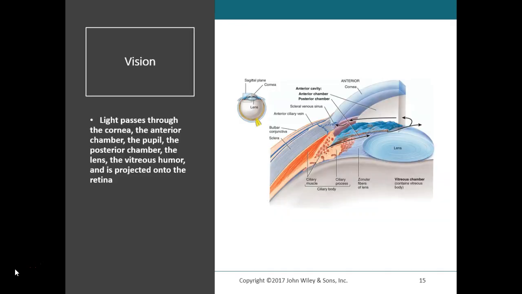As we start talking about vision and how light passes into the eye, we need to learn a few more structures. Here, of course, we have the iris, the colored part of the eye, and the opening between that is going to be the pupil. Behind the pupil and the iris, within the cavity of the eyeball, we find the lens.